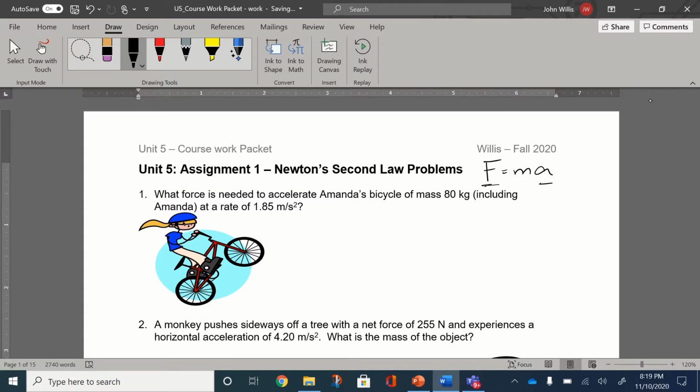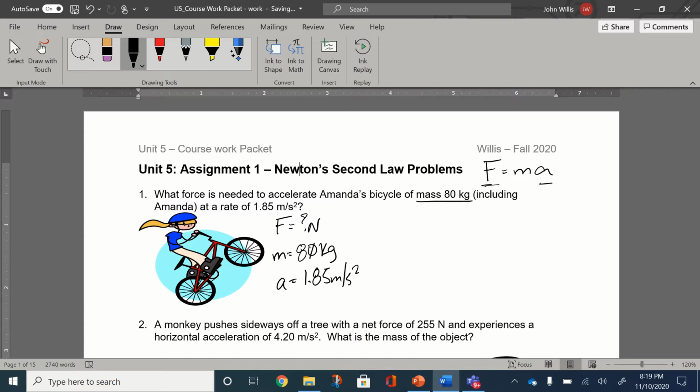So in number 1, we're looking to calculate an amount of force, that's what they're asking you to solve for. Again, a force is going to be measured in a unit called a Newton. I'll talk about that briefly in a second. Knowing that Amanda and her bicycle have a mass of 80 kilograms and are accelerating at a rate of 1.85 meters per second squared, these are things that are provided to us, right?